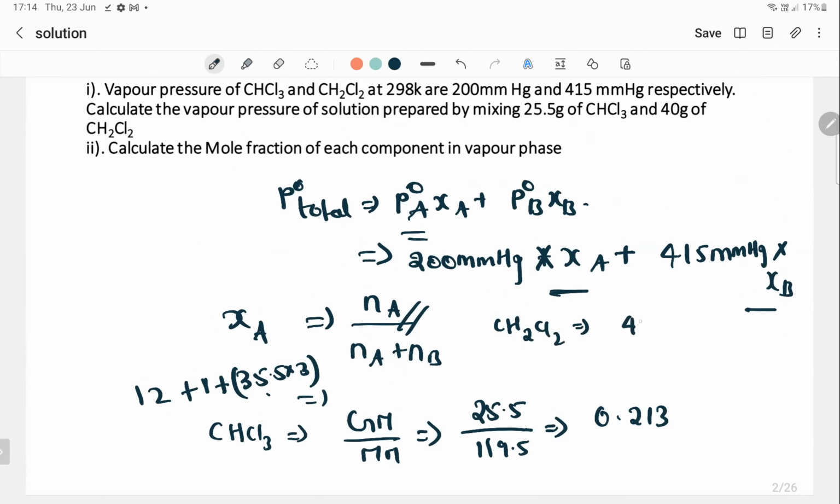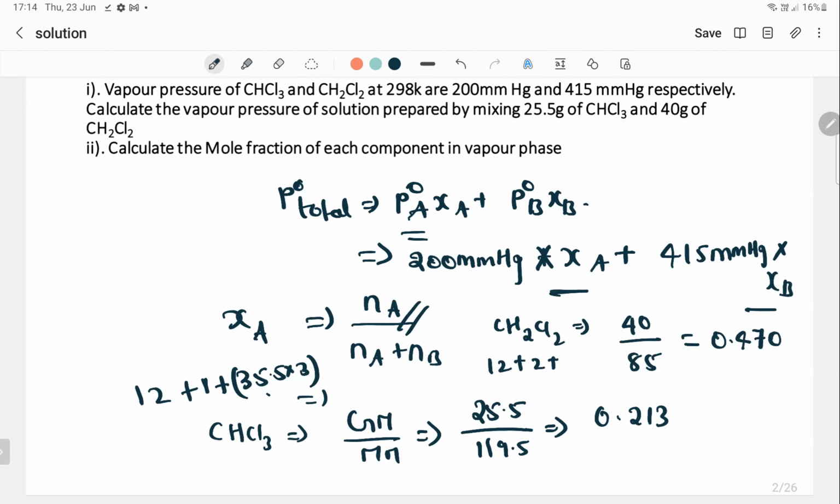Given mass is 40, molar mass is 12 plus 2 plus 71, which is 85. So 40 divided by 85 is 0.470. Okay, this is the value we got.